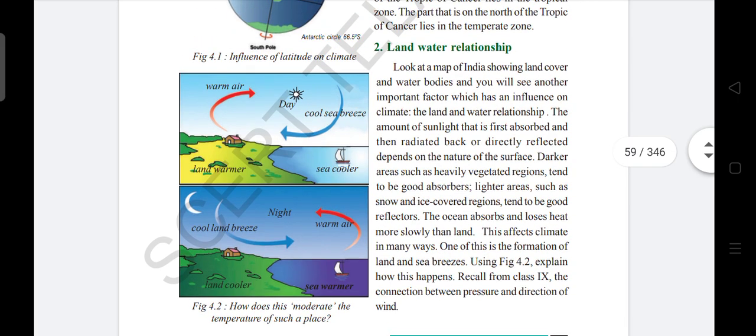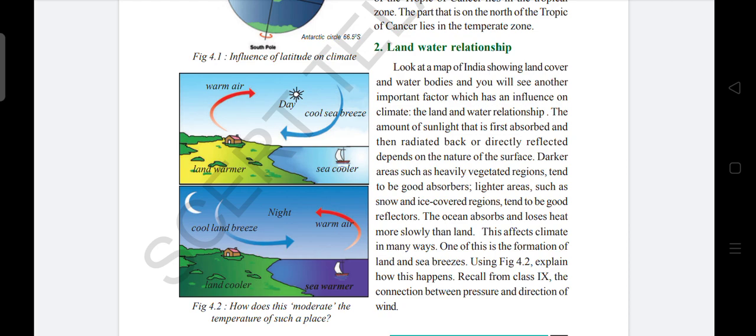Look at a map of India showing land cover and water bodies, and you will see another important factor which has an influence on climate, the land and water relationship. The amount of sunlight that is first absorbed and then radiated back or directly reflected depends on the nature of the surface. Darker areas such as heavily vegetated regions tend to be good absorbers.